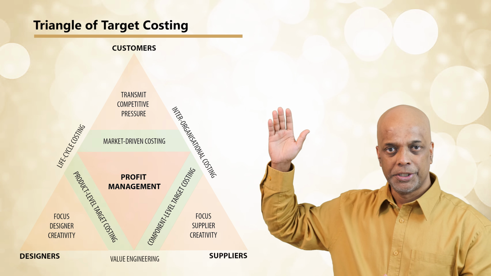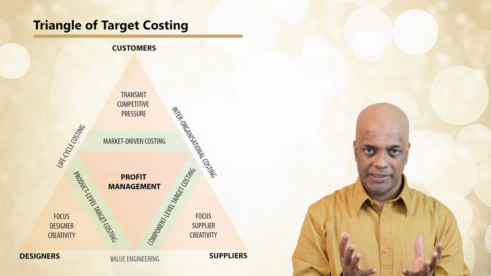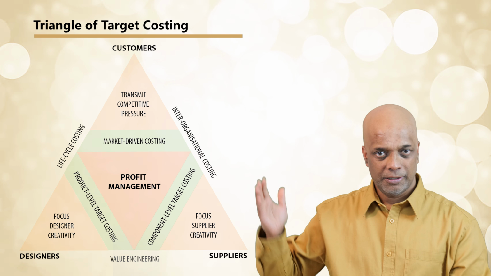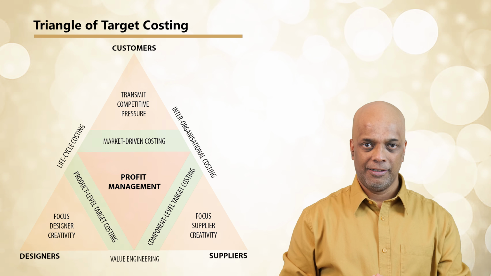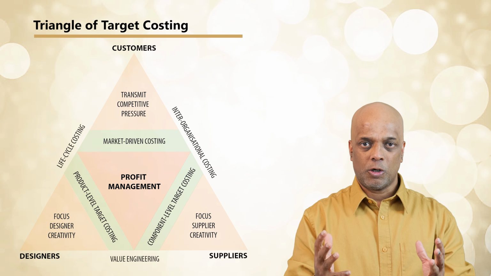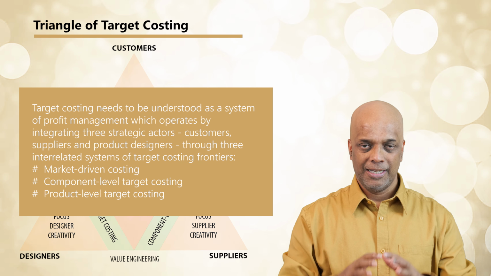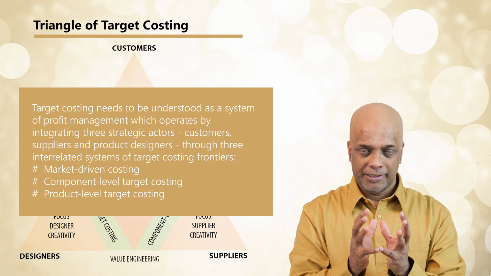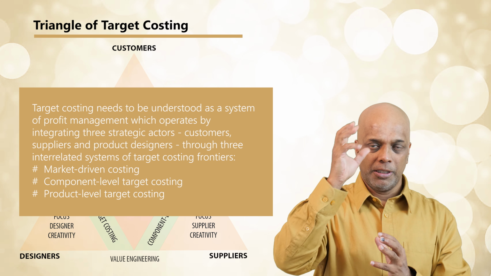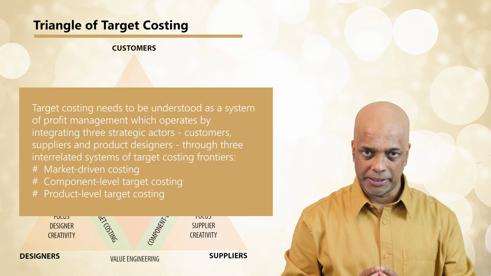Accordingly, if we try to understand or define target costing using this triangle, we can understand target costing as a broad profit management system that tries to integrate customers, suppliers, and product designers.